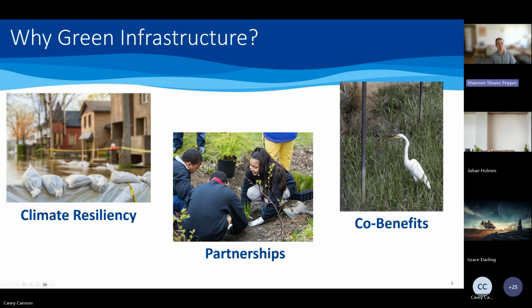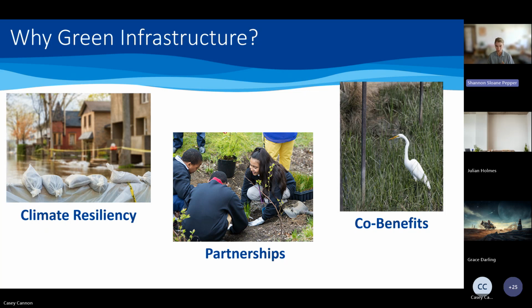Great, thanks. A big reason that we are into green infrastructure is climate resiliency. Most of our current infrastructure was built with a very different idea of what a 100-year storm might look like. Here in New Mexico, that looks like longer periods of drought followed by deluges of precipitation, which is far outside historical norms on both aspects.